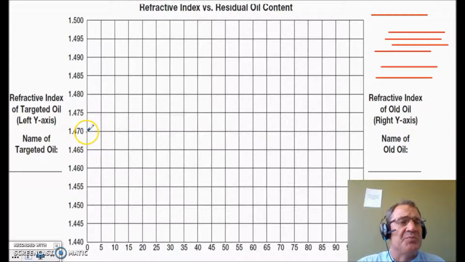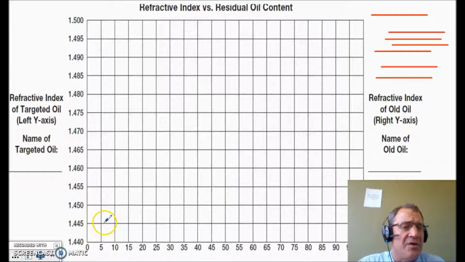So what we have to do is remove the alkybenzene oil from the system and replace it with polyester oil, and we have to prove that when we're done with this oil conversion, we have less than 5% residual alkybenzene oil in the system.